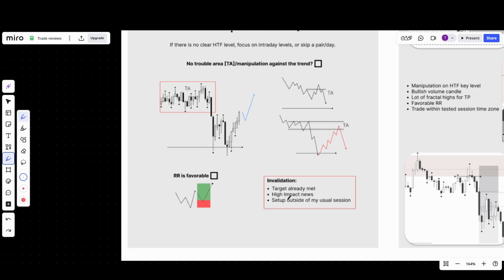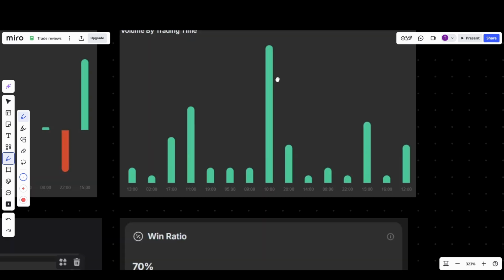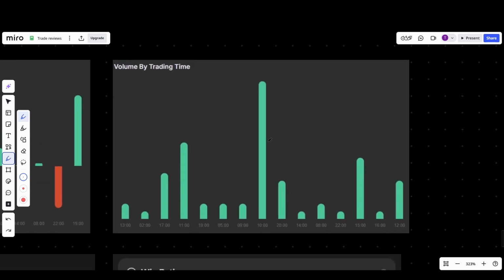And one of the most important and probably the most powerful piece of information and invalidation at the same time is if the setup is outside my usual session. I'm going to be making another video about this topic, but basically I'm looking at the statistics of where my most winning trades are and what is the time period where I take these trades.